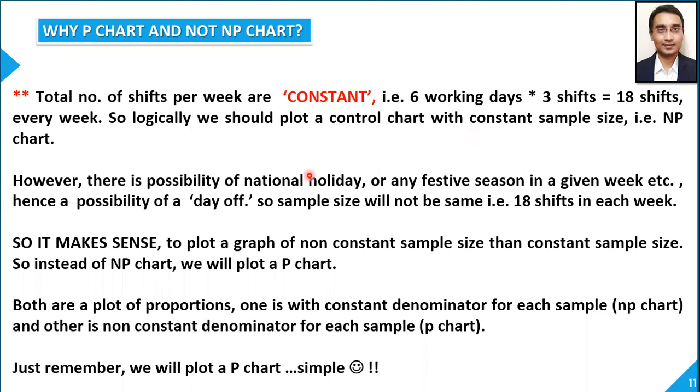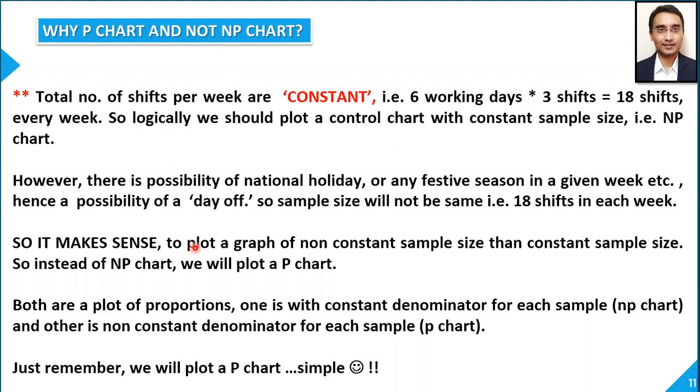However, as we already discussed in one of the videos, there is a possibility of a national holiday or festive season in a given week, and hence a possibility of a day off, a shutdown. The whole office or manufacturing plant is shut down because of that holiday. So the sample size will not always be the same 18 shifts.